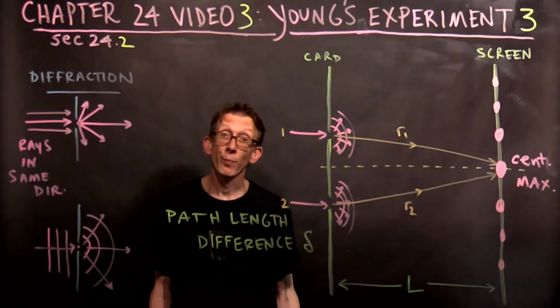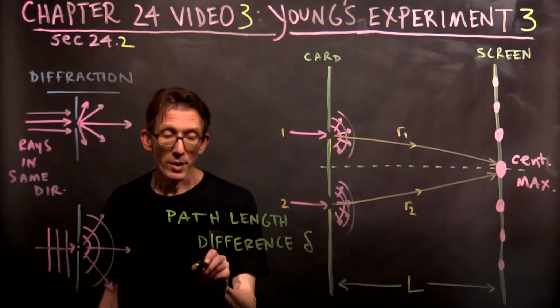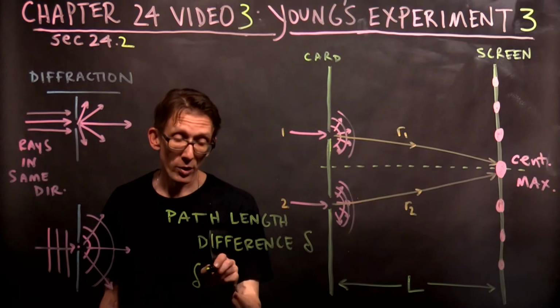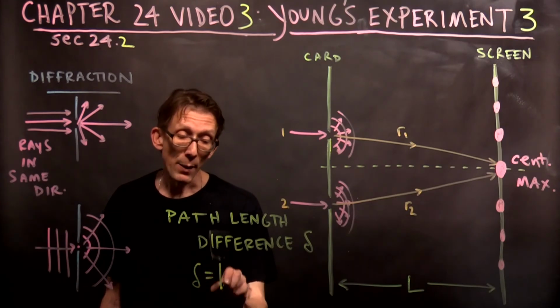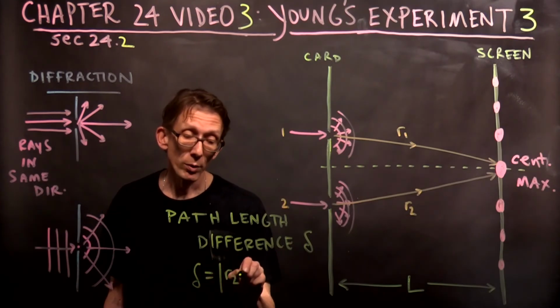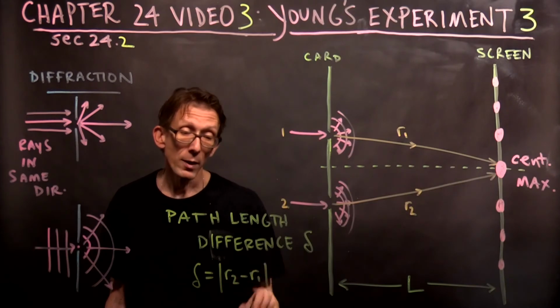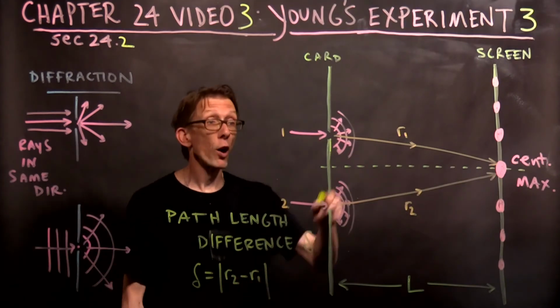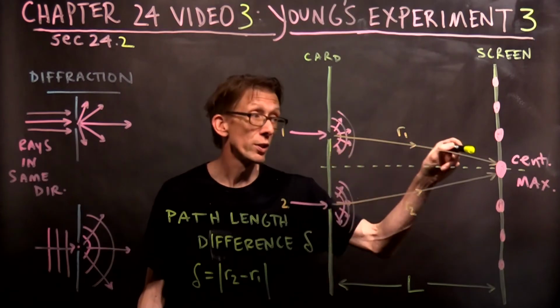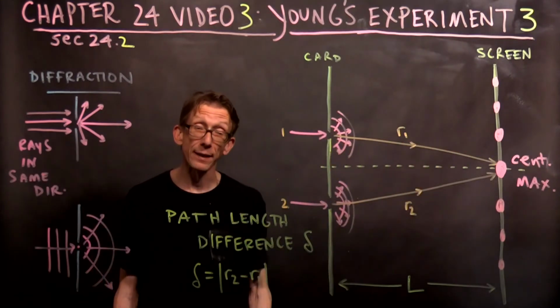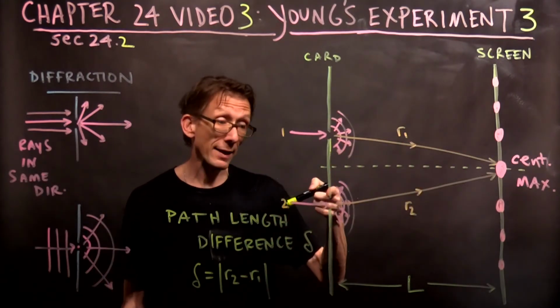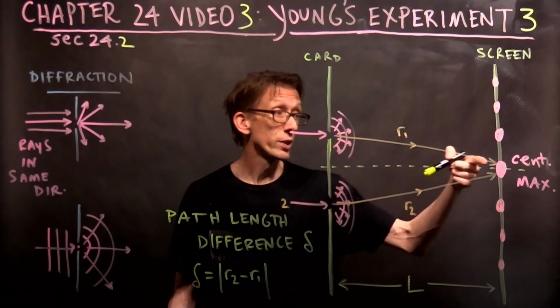Delta, lowercase delta, is defined, for this situation here, as the absolute value of R2 minus R1, right? Path length difference. R1 is a path length from slit 1 to the central maximum. That's one path length. The second path length is the path length from slit 2 to the central maximum.